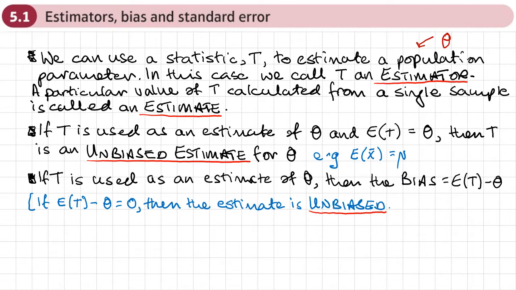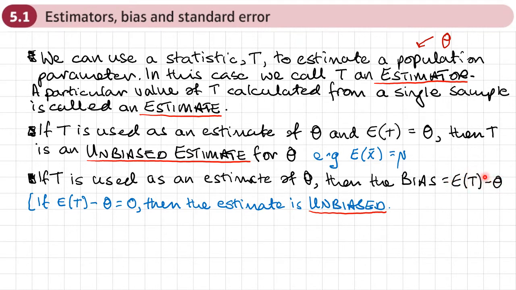Now, it may be that when we work out our estimate, it's not equal to the population parameter, it's slightly off, in which case we've got something called a bias. So if T is used as an estimator of our population parameter theta, then the bias is equal to the expected value of our statistic minus the population parameter.